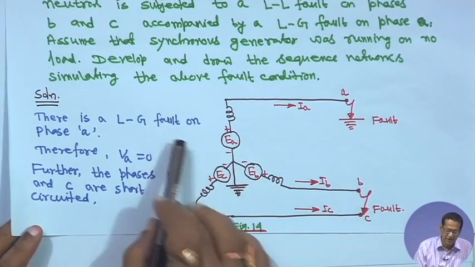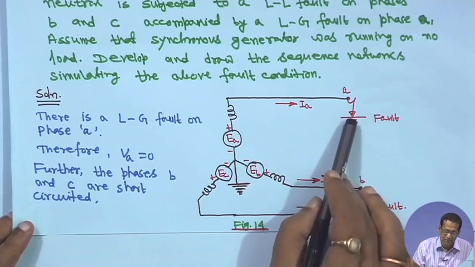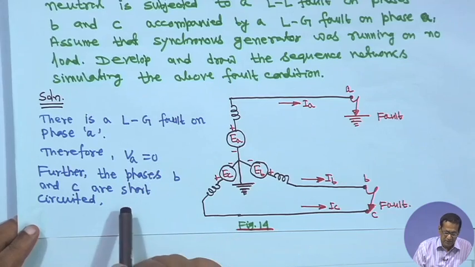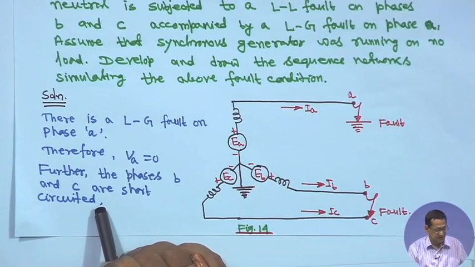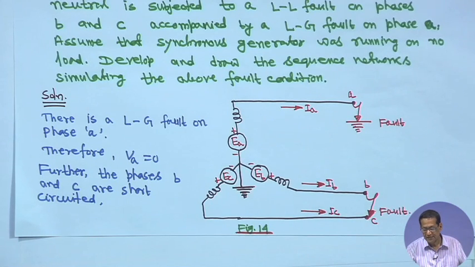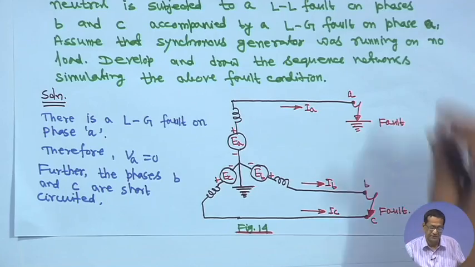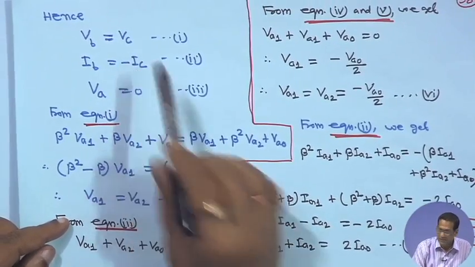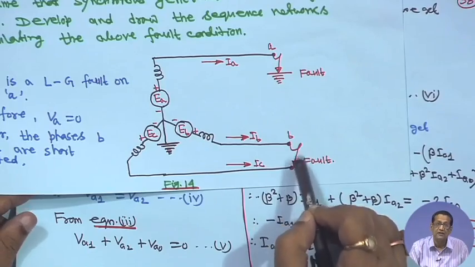There is a line to ground fault on phase A. First, you have to put the boundary conditions. If there is a line to ground fault here, that means VA is equal to 0. Further, phases B and C are also short circuited. That means VB is equal to VC, and IB is equal to minus IC, because these two are together, there is a line to line fault.